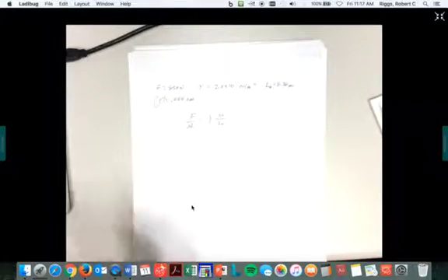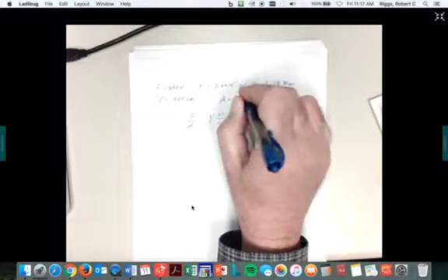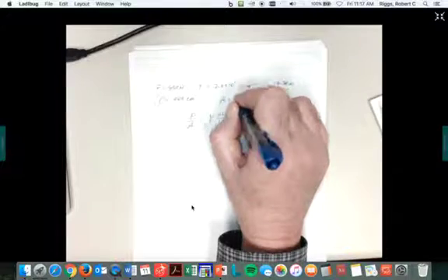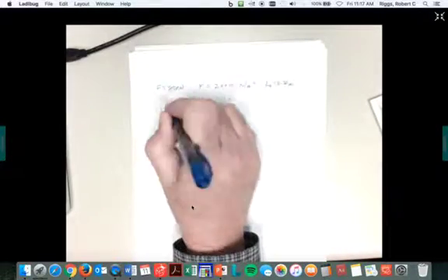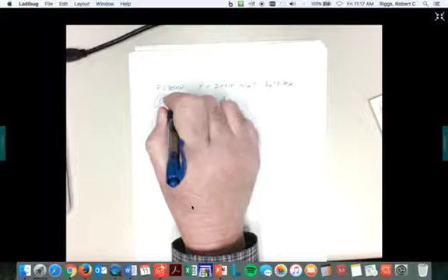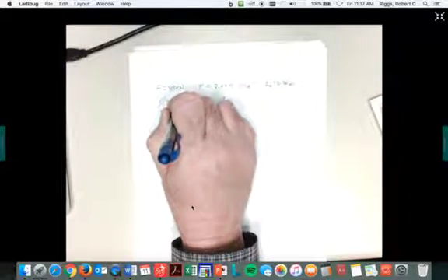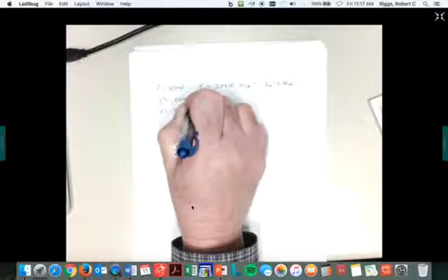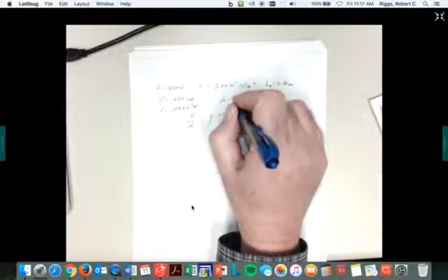So first, let's compute the area. We've got to change this to meters. So this would be 0.444 times 10 to the negative 2 meters. And we're assuming it's a round cable.